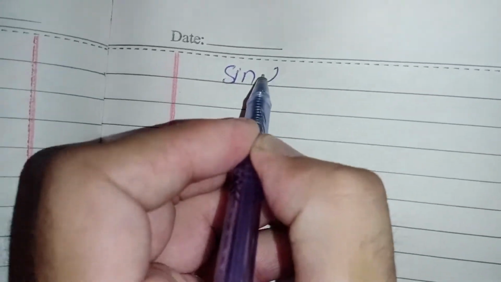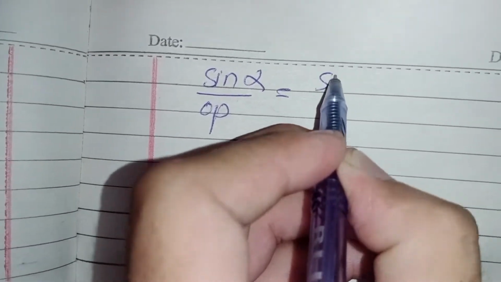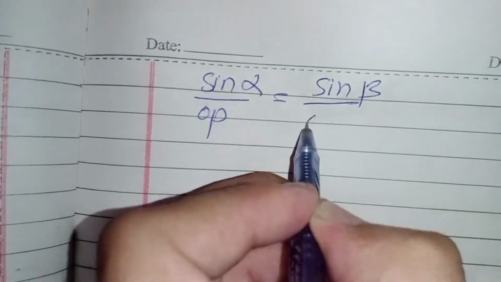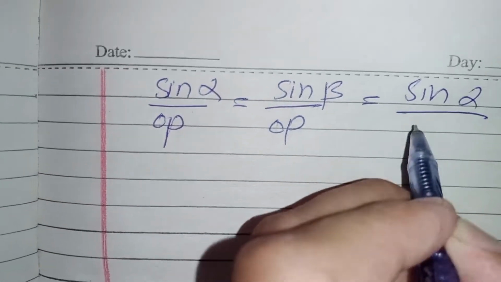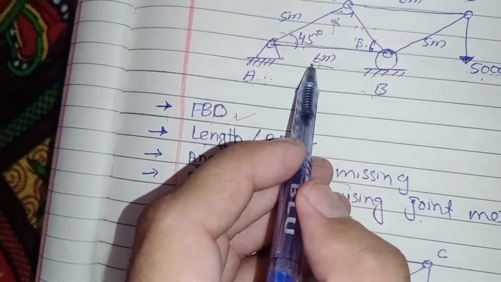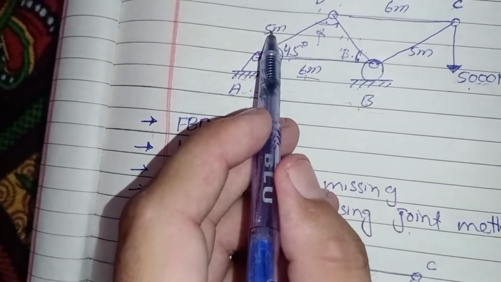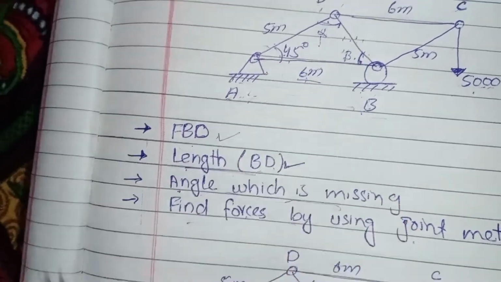So sine alpha divided by its opposite side equals sine beta divided by its opposite side equals sine gamma divided by its opposite side. This is alpha, this is its opposite side, this is beta, this is its opposite side, and this is gamma, this is its opposite side.